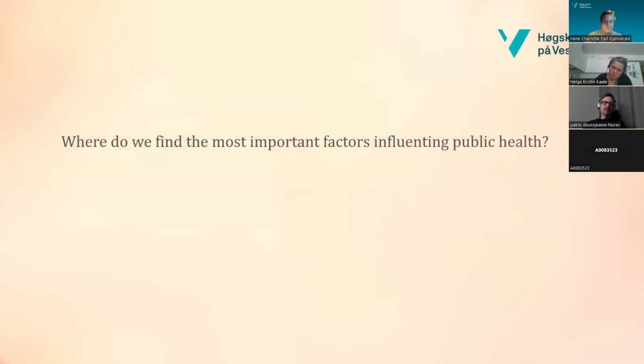Moving on. And here's the little public health work that's coming. This I often serve my students. Where do we find the most important factors influencing public health?